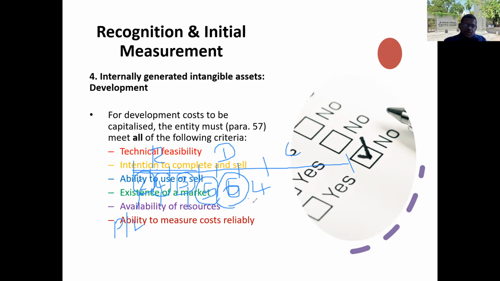So what would happen? In the capital account, you always credit whatever the things, cash or payable, 5 and 6, and you debit the development cost or the work in progress.